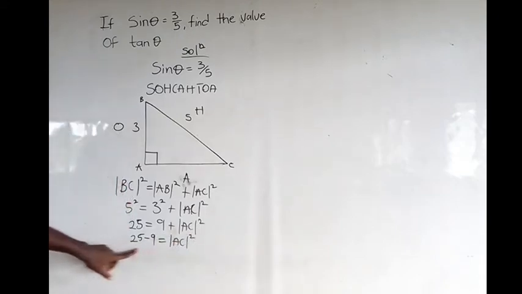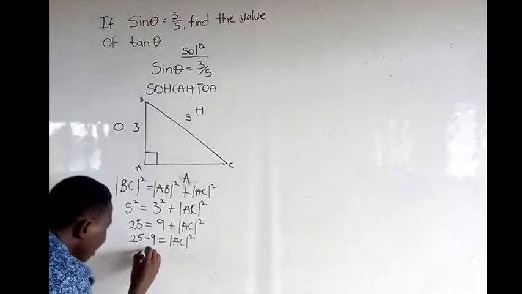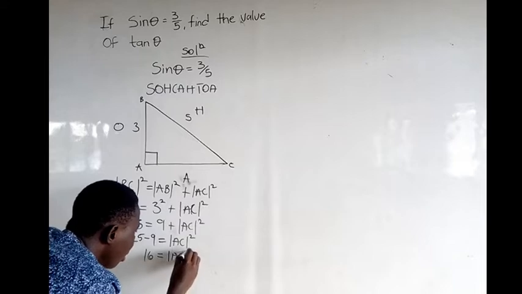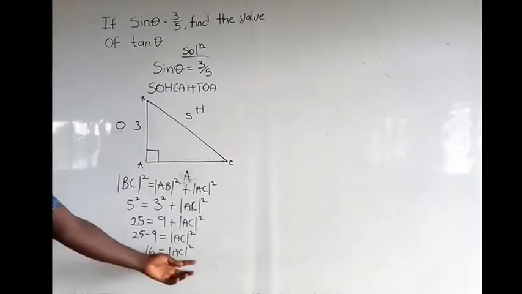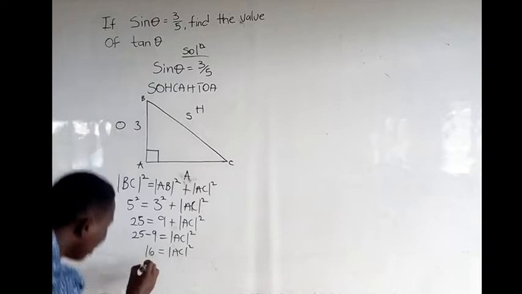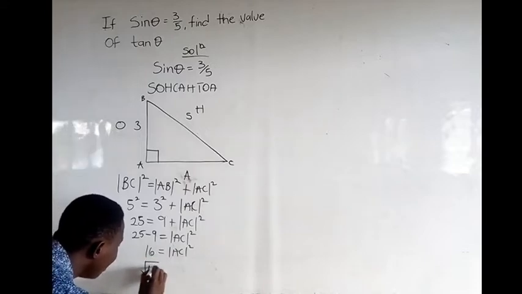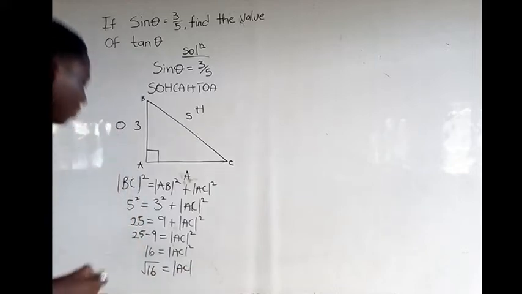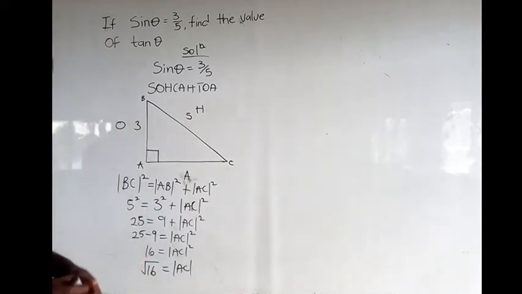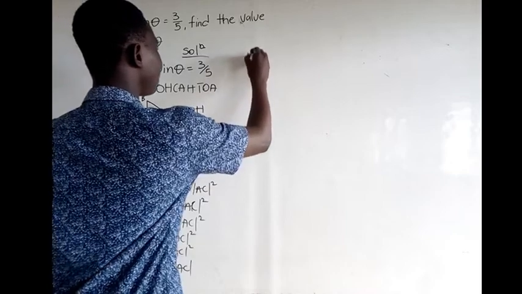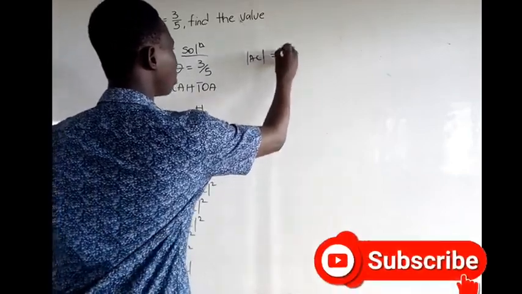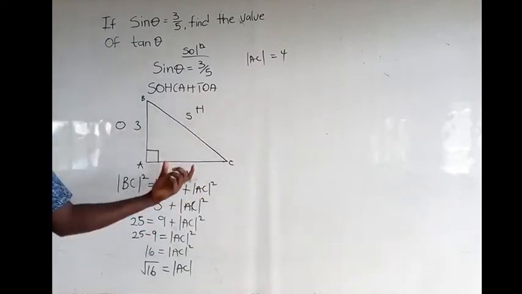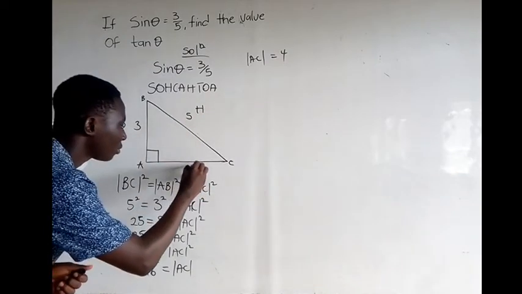And then 25 minus 9 is going to get 16. 16 is equal to AC all squared. So we take the square root of both sides. We're going to get root 16 is equal to AC. And then root 16 is 4. So AC is equal to 4.